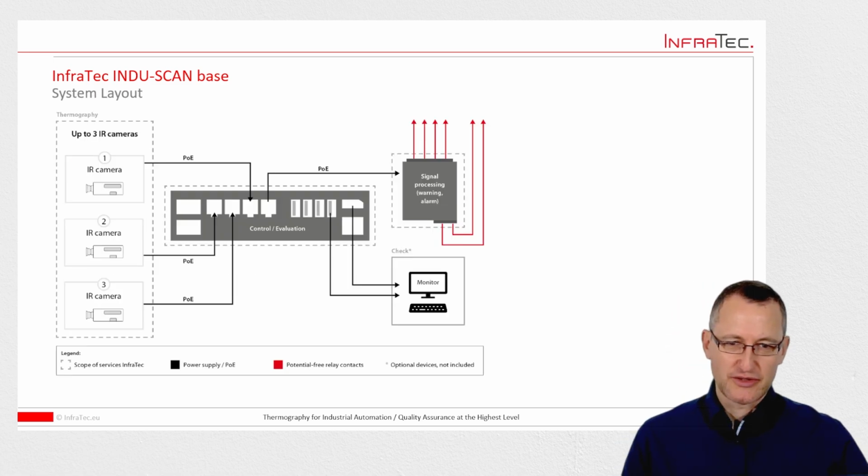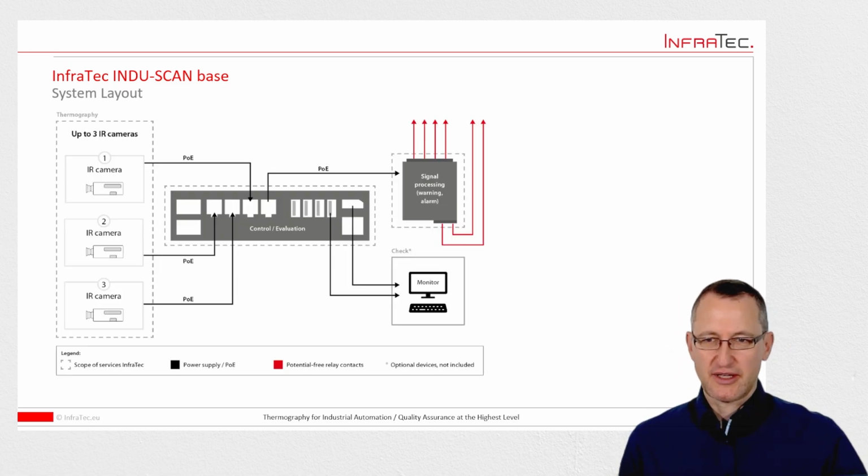Let's have a look how the system looks like. We can have up to 3 cameras, 1, 2, 3. It can be powered by Power over Ethernet, PoE. And then we get the inputs from the cameras, and we can use outputs to control other processes.